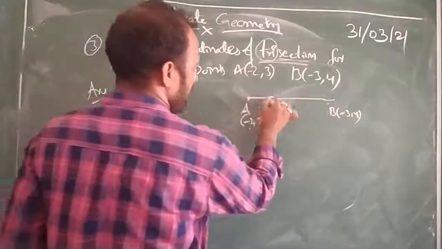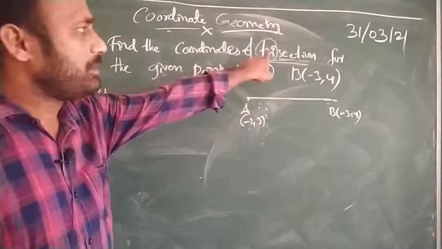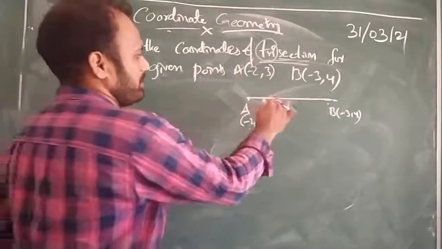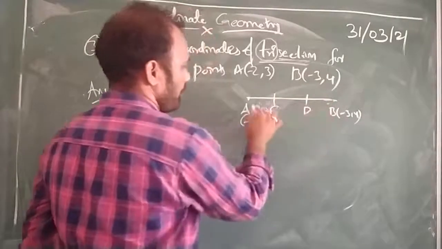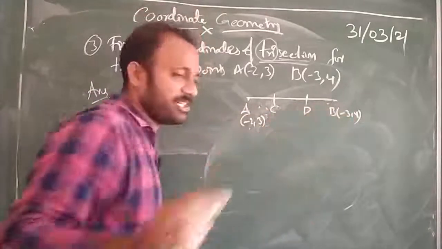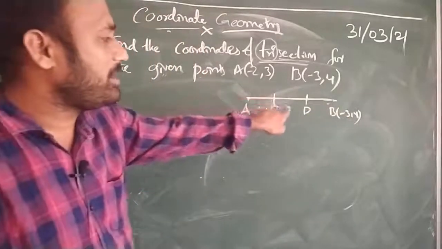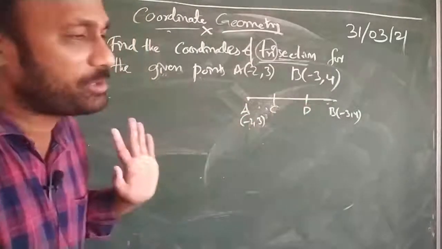So this line segment I have to divide into 3 parts. Trisection. Tri means 3 parts. So if I keep 1 point here, 1 point here, it will be C and D. Now AC is 1 part, CD is the second part and DB is the third part. So I have divided the line into 3 parts. It may not be equal, but I have divided the line into 3 parts.